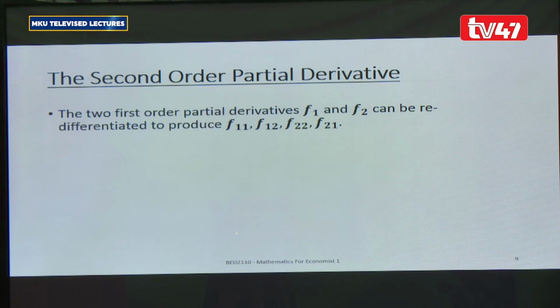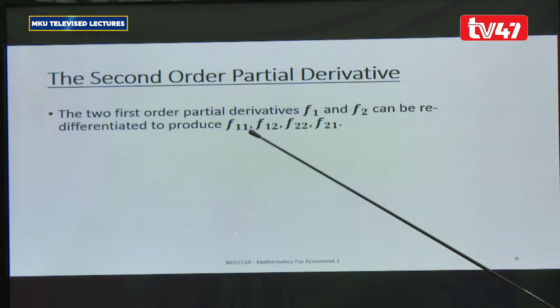What does that mean? When we differentiated the functions once, we got the first order partial derivatives. Now, when we differentiate the first order partial derivatives for the second time, we are able to get the second order partial derivatives.